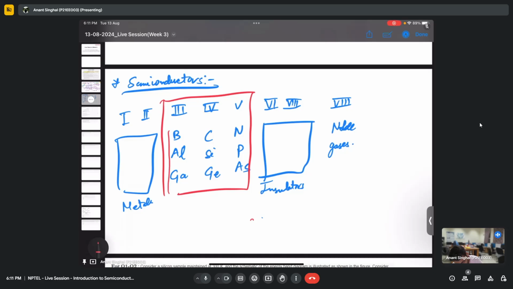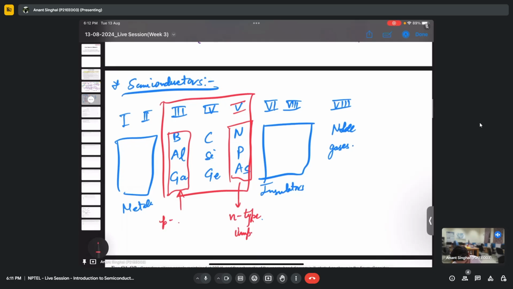The third group impurities are called the acceptor type because they have an extra electron in the valence band. Then these are the donor type impurities, which are group 5. After doping, these are called N type, and these are the P type. Group 4 gives out the semiconductors. The most common semiconductor we all know is silicon, which we take as a substrate or the base. So this is the very basic of semiconductors.